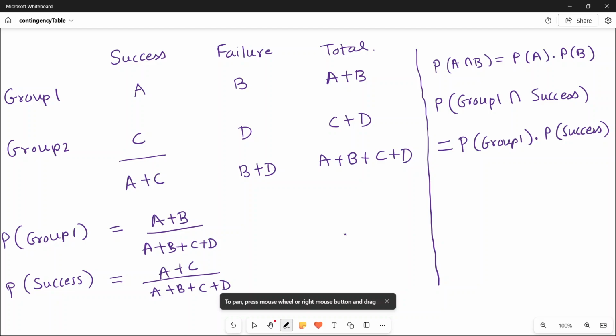Therefore, this is equal to A plus B divided by A plus B plus C plus D, multiplied by A plus C divided by A plus B plus C plus D. When we multiply both these probability values together, the denominator will be A plus B plus C plus D squared.